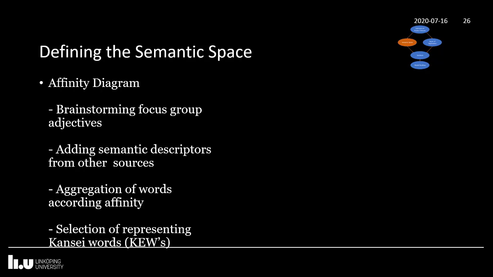We then bring all these papers together. We will maybe add some words from other sources like commercials or persons who are experts on that particular domain, and then aggregate them. You remember the pyramid from slide 4, I guess. And then we find out which are the words which should be representing, and these words we call the Kansei words, KVs.